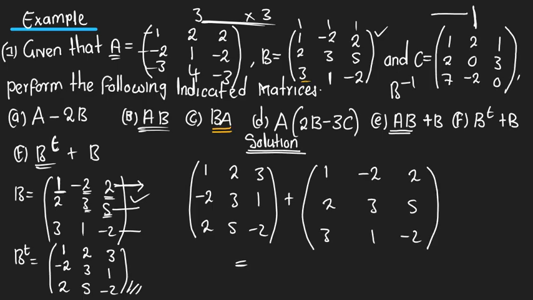So, final answer: 1 plus 1 is 2. Then 2 plus minus 2 is 0. 3 plus 2 is 5. Negative 2 plus 2 is 0. 3 plus 3 is 6. 1 plus 5 is 6. 2 plus 3 is 5. 5 plus 1 is 6. Negative 2 plus negative 2 is minus 4.